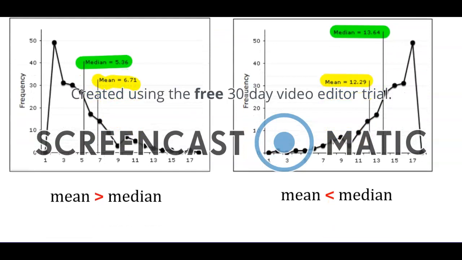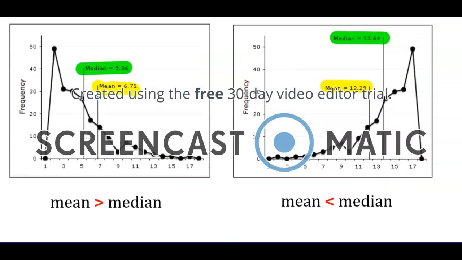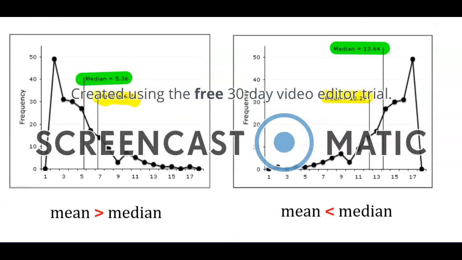Depending upon where the tail is, I can say my mean is greater than my median, or my mean is less than my median. Okay? Which is why, when it comes to measures of central tendency, if you're dealing with something where you've got outliers, the mean is not generally the best way of evaluating central tendency.